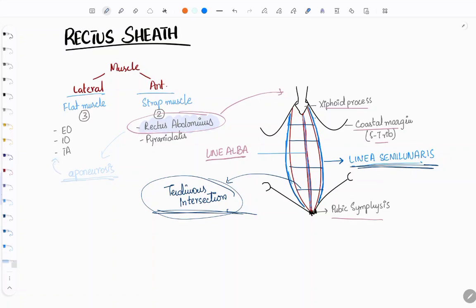The aponeurotic part of the lateral muscle group covers the rectus abdominis and forms a thin sheet which we know as rectus sheath. So, what is rectus sheath? It is the thin envelope formed by the lateral muscle group that covers or surrounds the rectus abdominis.